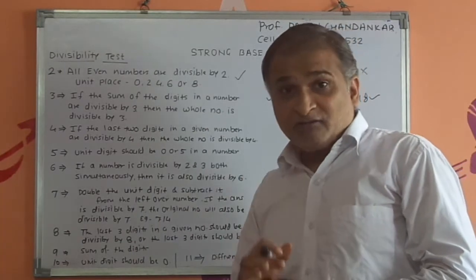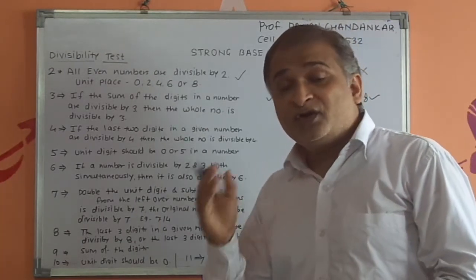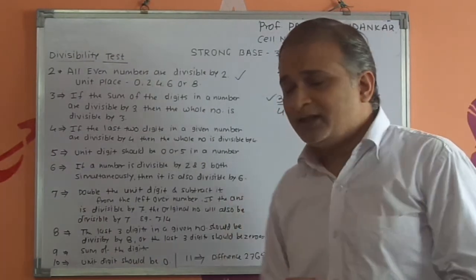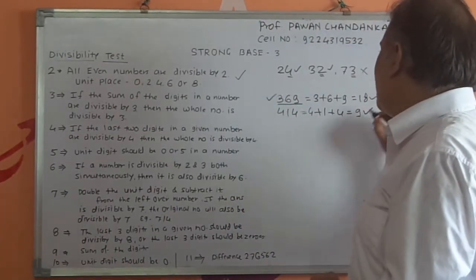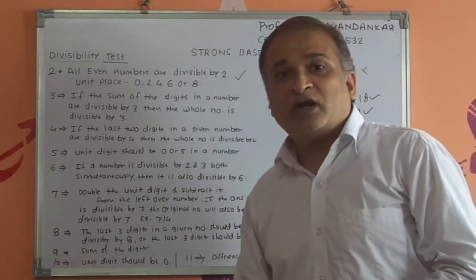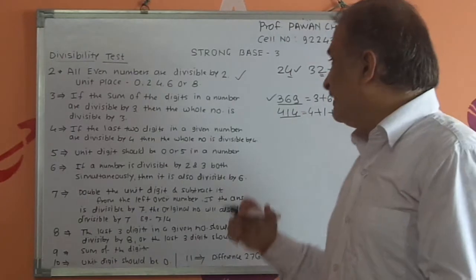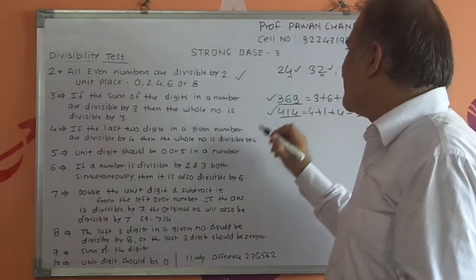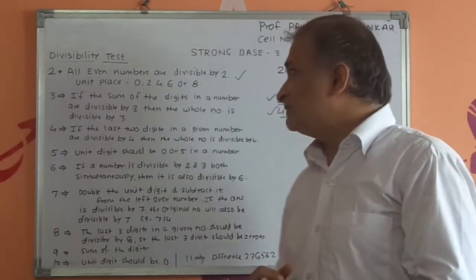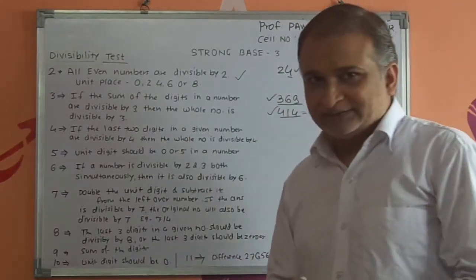Now we have to think whether 9 is divisible by 3 or not. Yes, 9 is divisible by 3. That's why, as 9 is divisible by 3, the original number, 414, will be divisible by 3. Hope you must have understood the test of 3.